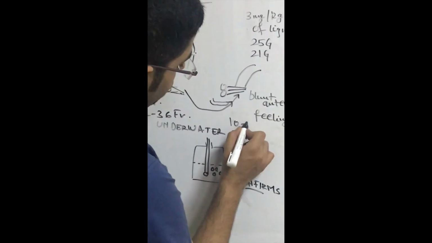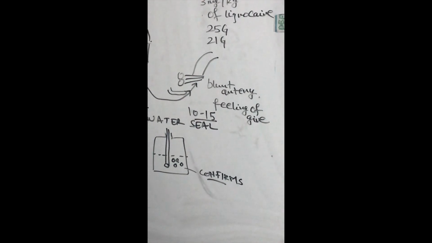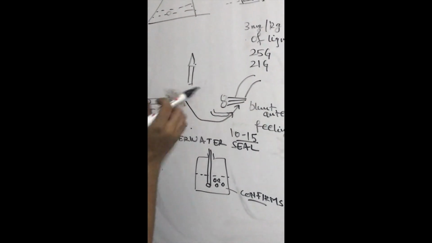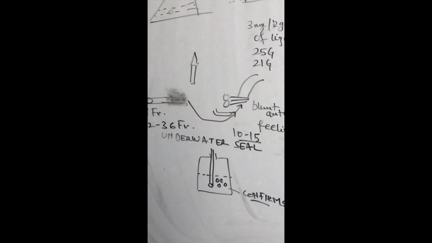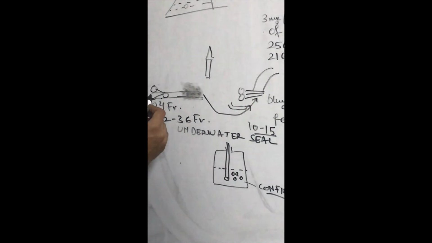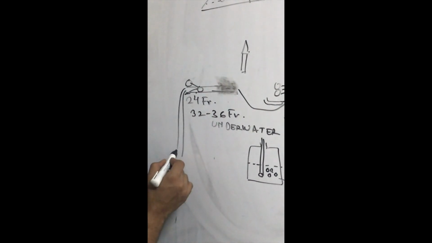We can advance up to the mark of 10 to 15 on the chest tube. Once in the pleural space, we open this clamp, the anterior clamp, and then we connect the other end of this chest tube with the underwater seal.